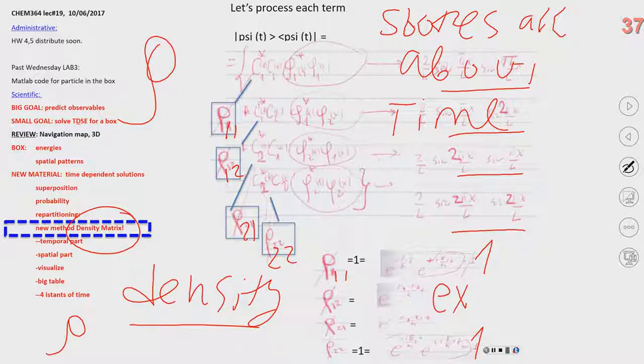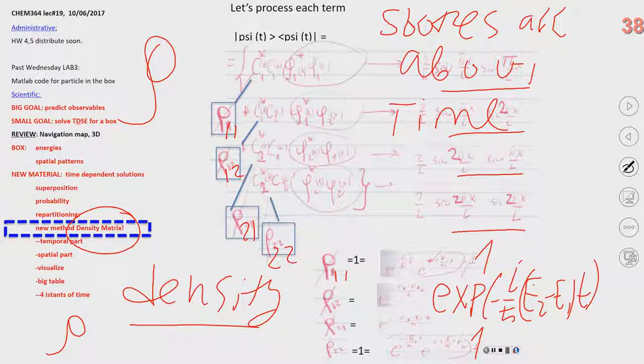Just in case you do not see it here, I just write exponential of i over h bar, E2 minus E1 times time. And if we had a specific initial condition, it is also accumulated here. We should have 1/2, 1/2 to correspond to the initial conditions when it was a 50-50 distribution.